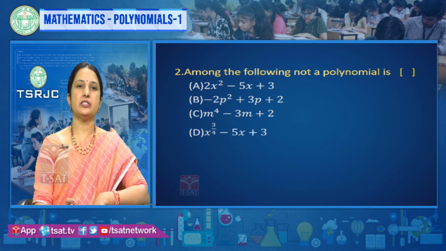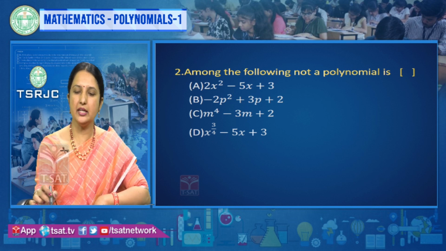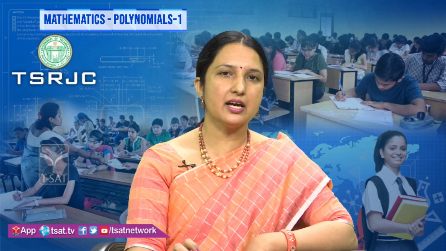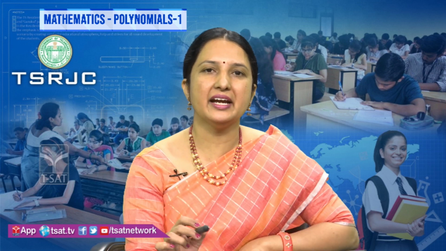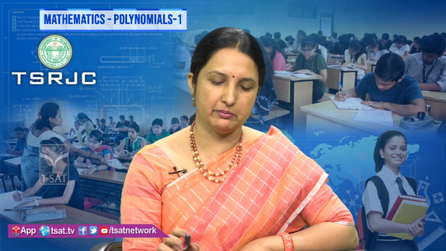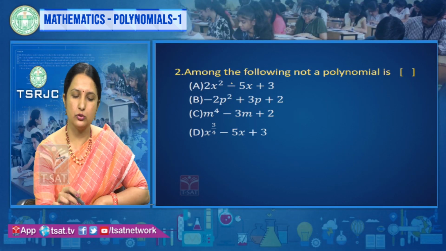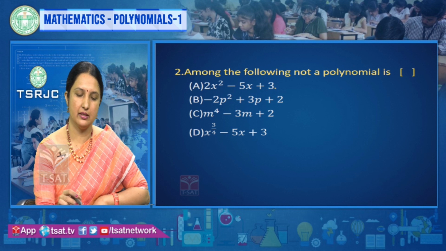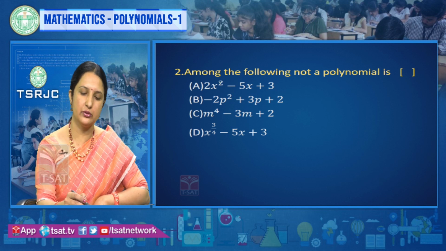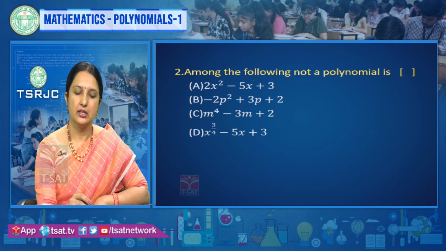The next, second question: among the following, not a polynomial is. If you know the definition and the conditions well, then you can easily identify which is not a polynomial. So, 2x power 2 minus 5x plus 3. All the powers are whole numbers, here 2 and here 1, and the coefficients are real numbers only, 2, minus 5, 3.